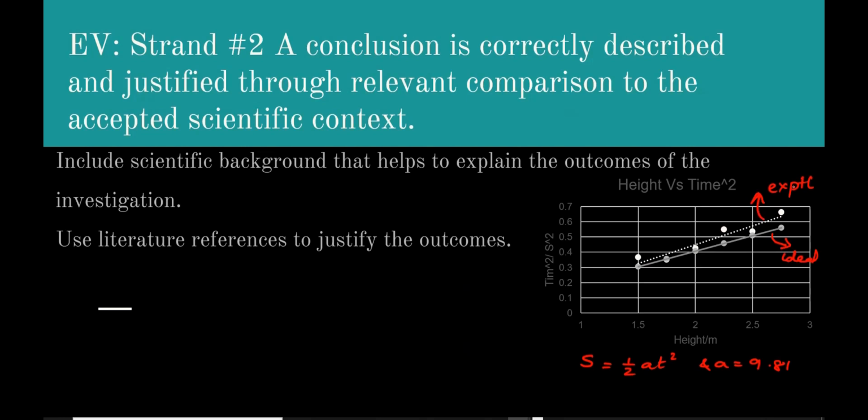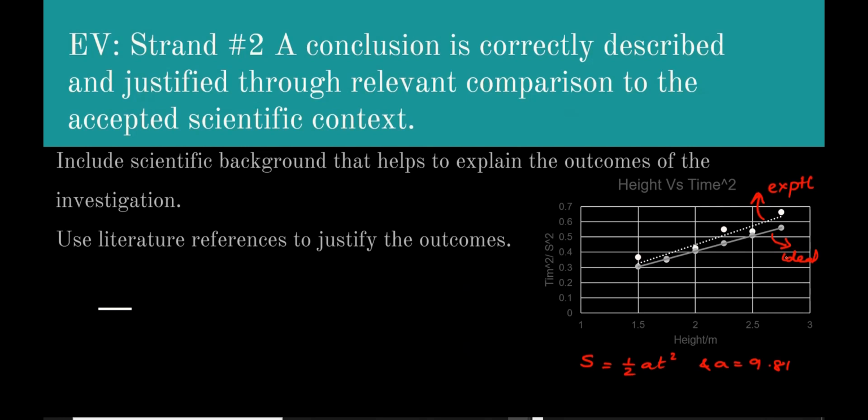Now find the similarities and differences between these two lines. That will help you to specify the similarities and differences between the patterns of the experimental values and the ideal values. Justify these similarities or differences by providing reasons.